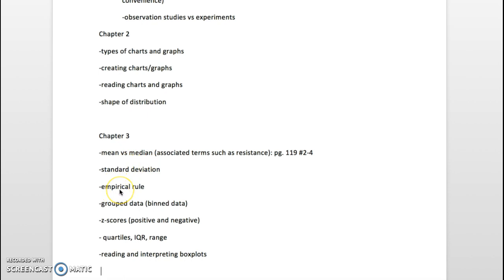Use the empirical rule. You do need to have those 68, 95, and 99.7 numbers memorized and be able to break down and answer questions involving the empirical rule when it doesn't necessarily fall into exactly one of those. So make sure you go back and study how you broke down those percentages.